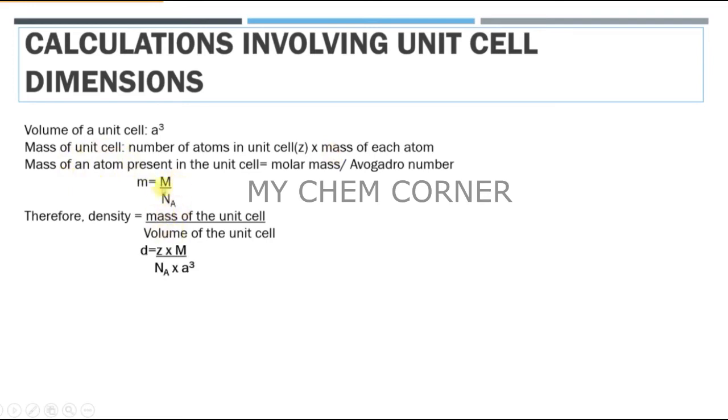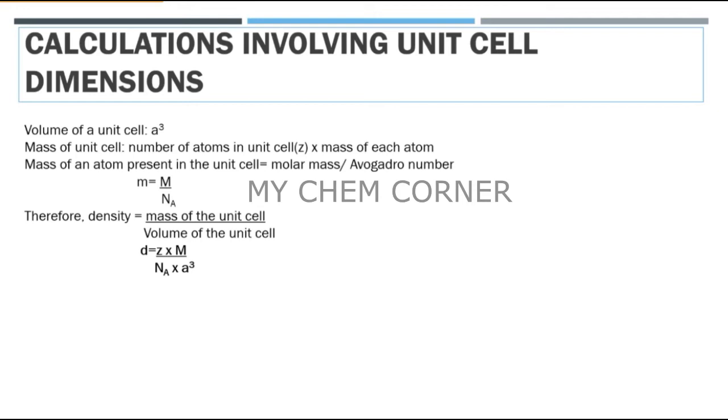So when we substitute the entire thing, density is equal to Z, which is the number of atoms per unit cell, into molar mass, divided by Avogadro number into volume of the unit cell, and the denominator is going to be A cube. So this is going to be the final formula that we are going to use to calculate the density when we have other values given to us.